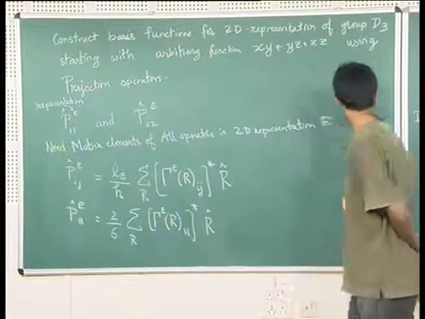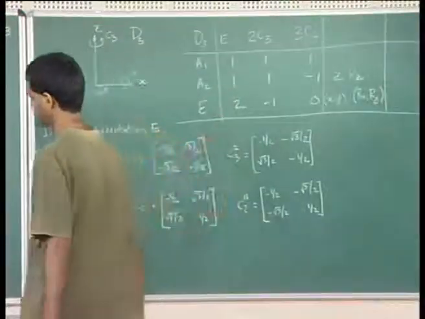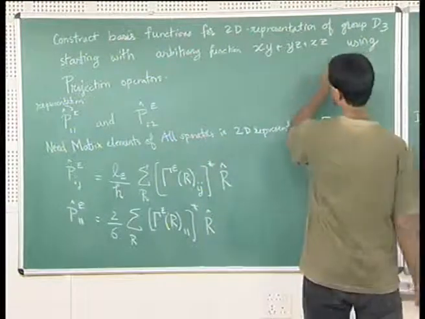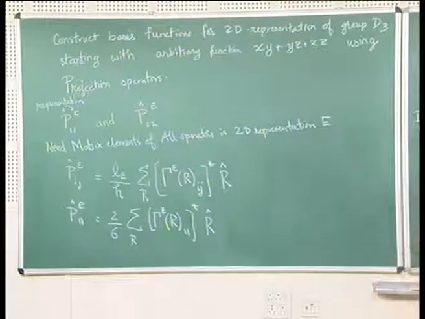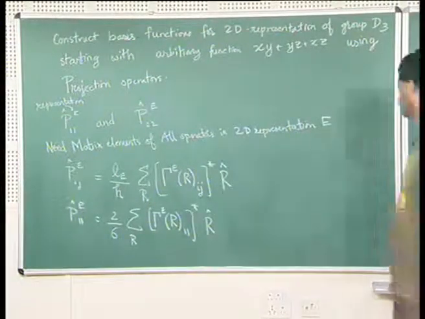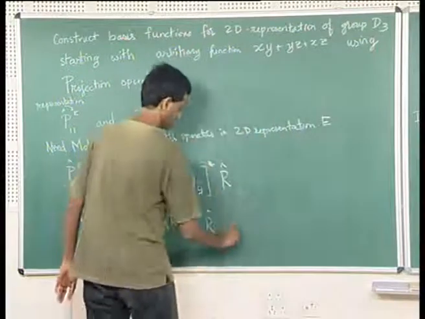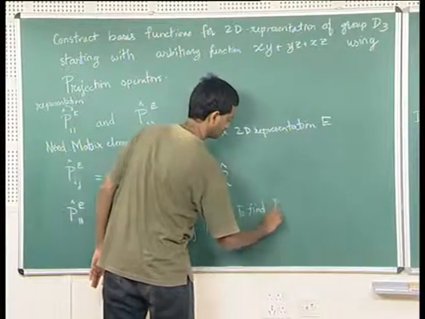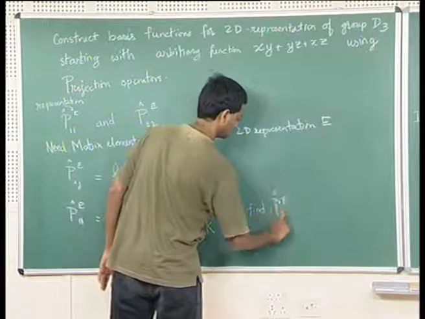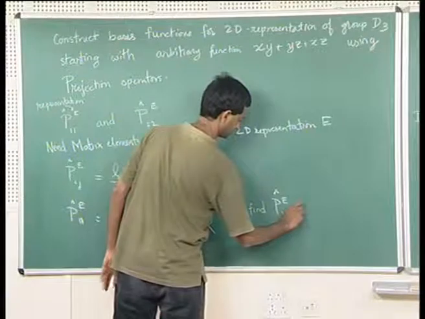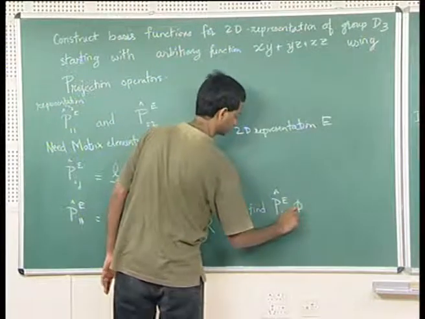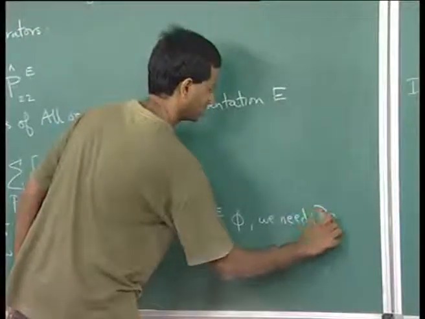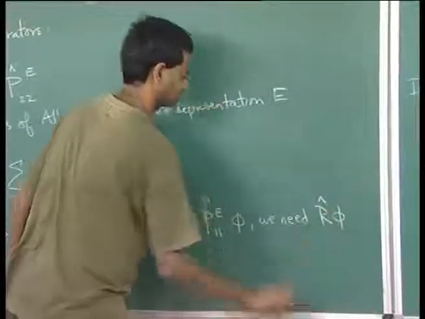So for R we will put each of the operations, and when you operate on any function, we need to know how that R operates on the function. So to find P E 11 on any function, we need R operated on any function.